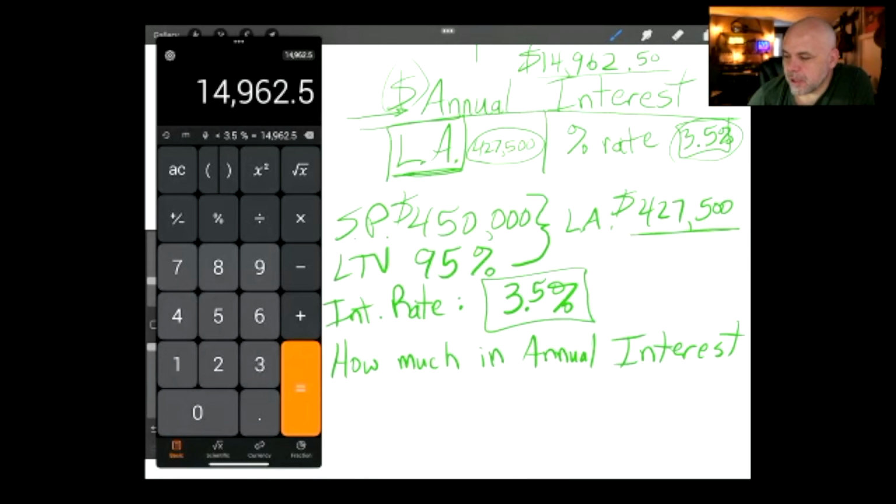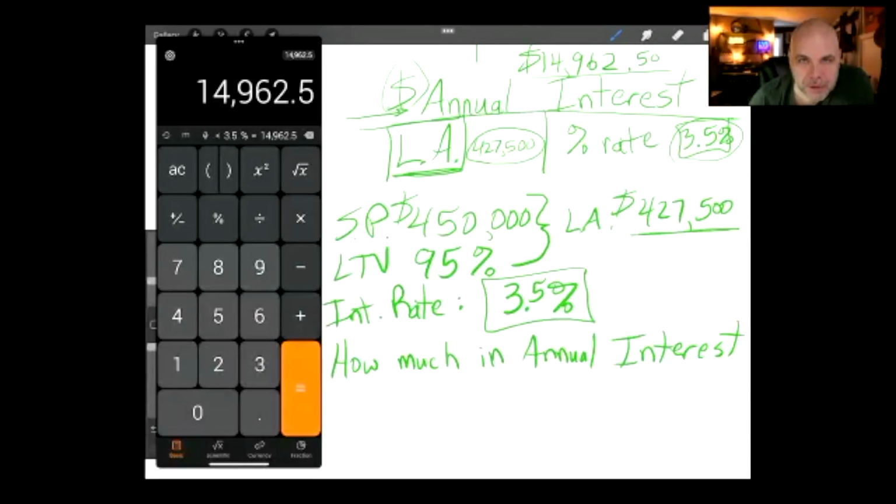Now that we know that we're paying $14,962 a year in interest, what's the monthly dollars in interest?